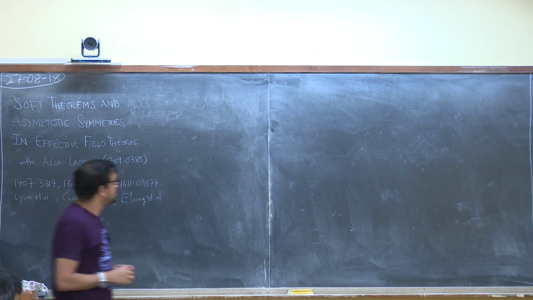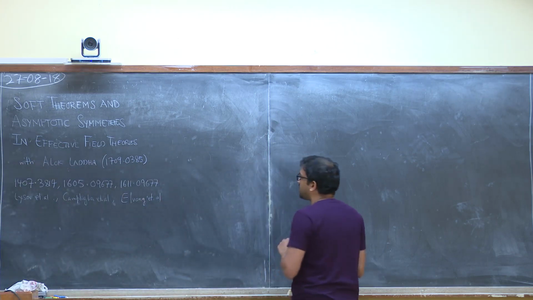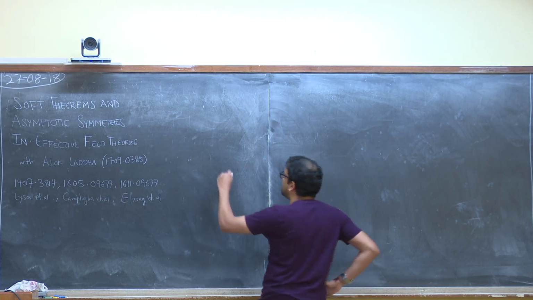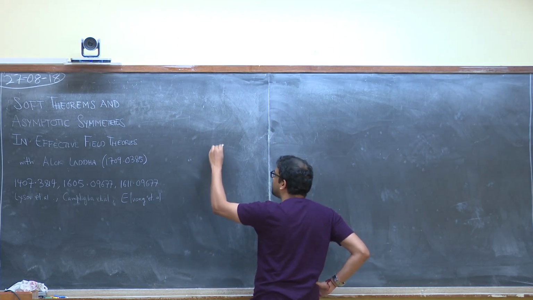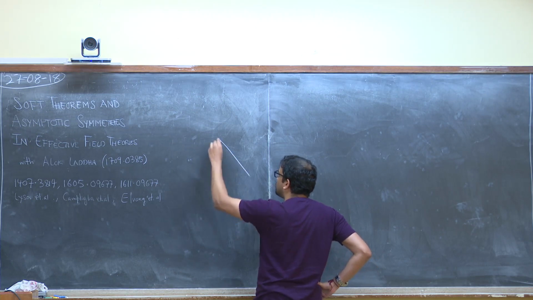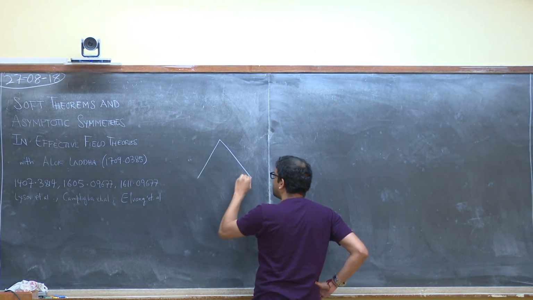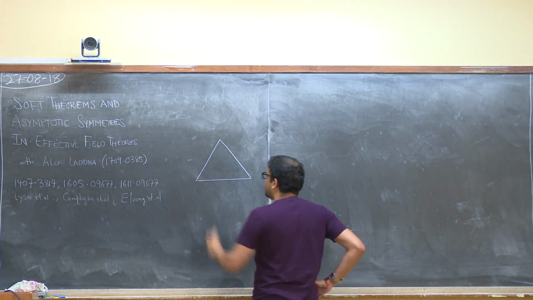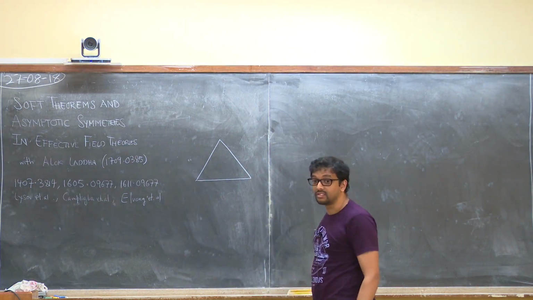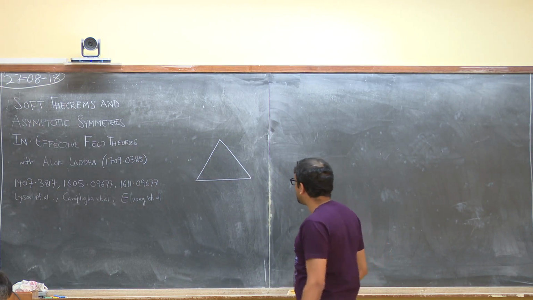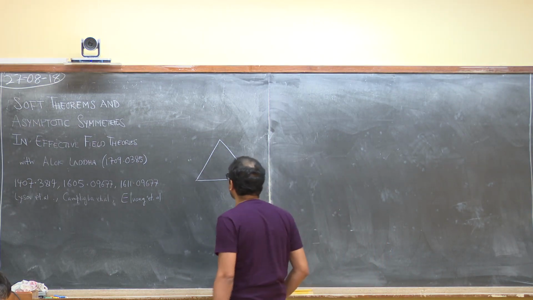So the general developments are essentially summarized in the picture that's called the infrared triangle. What's been understood now is that there's seemingly this ubiquitous triangle of equivalences in the infrared sector of any theory which has massless particles.